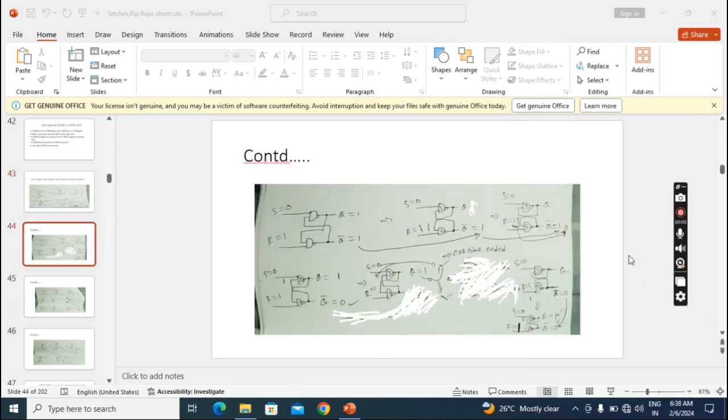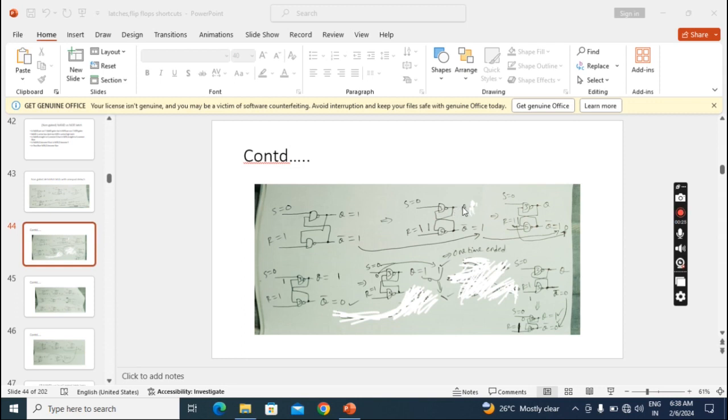Now we'll see the second condition, what happens when I apply S0 R1. When I apply S0 R1, the already existing outputs are Q 1 and Q bar 1. Here the gates have unequal delays, so first I have to feed back the faster gate's output.